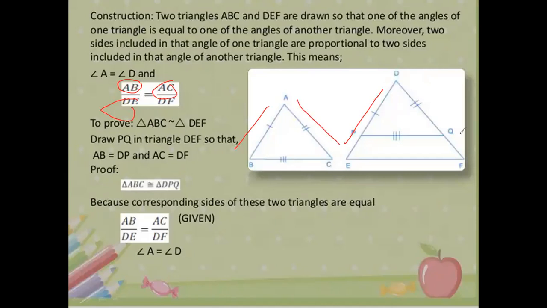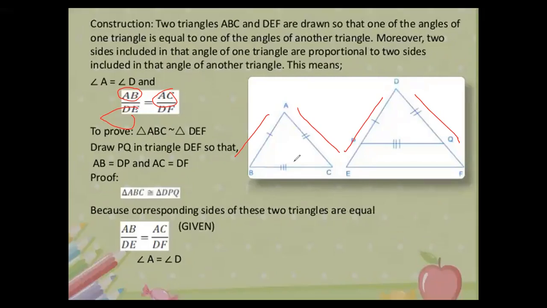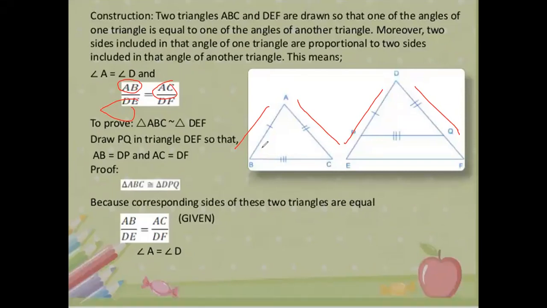So that we can say that they are proportional with each other, because if the two sides are proportional, then their angles are equal. Again, if the two sides of the triangles are proportional, then the angle formed by them is also equal.